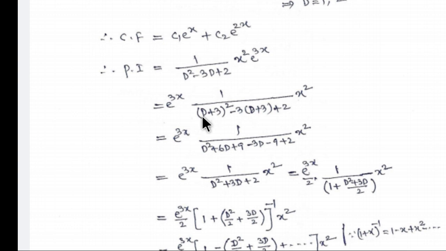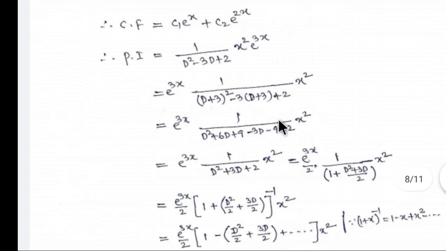Here v is x square. The procedure is shifting the exponential function from the right side of the operator to the left side. We have shifted e raised to 3x, and at the same time we have to replace d by d plus 3, the coefficient of x here. Wherever there is d, you write d plus 3: 1 by (d plus 3) whole square minus 3 into (d plus 3) plus 2, operating on x square.